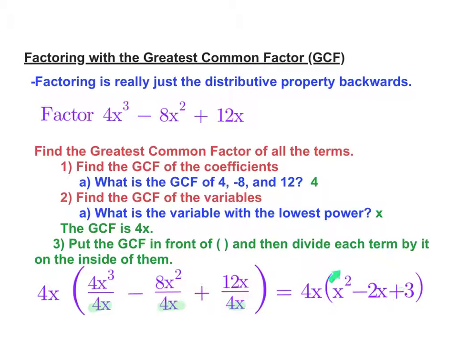Because if they still have a common factor between the terms inside, that means the number that you pulled out wasn't big enough. You pulled out a common factor, not the greatest common factor. So check that. And then, if you did this distribution in your head, does it equal my original problem? If it does, then you did it right.